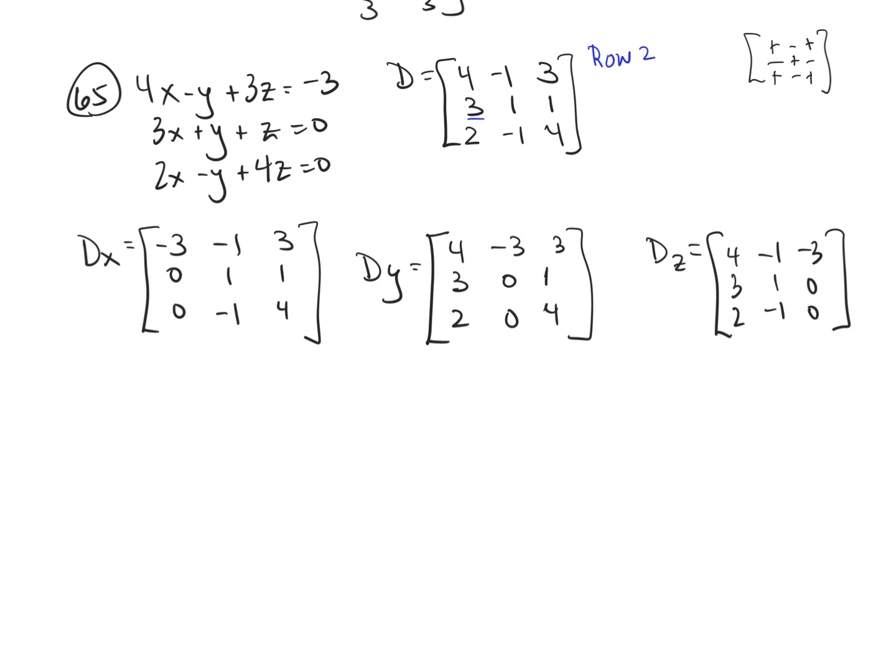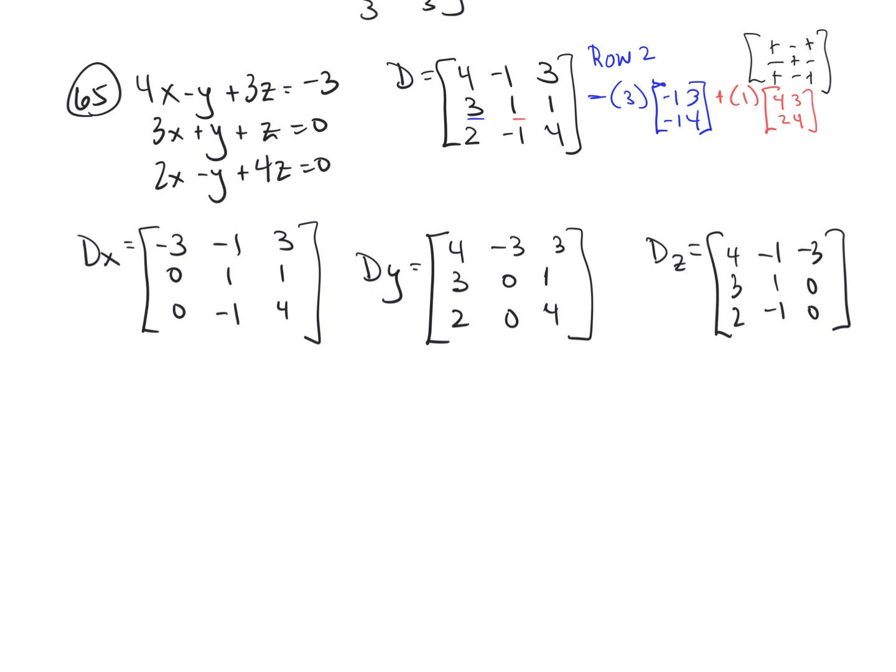All right, so with 3, I'll have a negative and my 3, and then my minor matrix would be -1, 3, -1, 4. So if I crossed out row 1, column 1, that's what would be left over. Now if I do my 1 in the middle, I'll have a positive with my 1 element, and then I would have 4, 3, 2, 4, because I would cross out row 2, column 2.